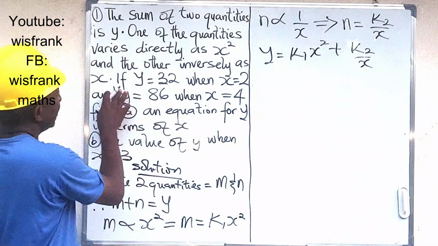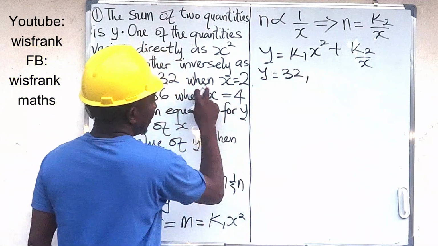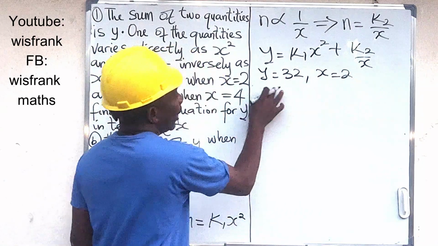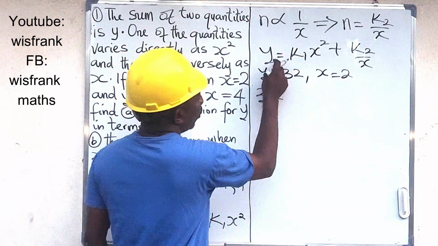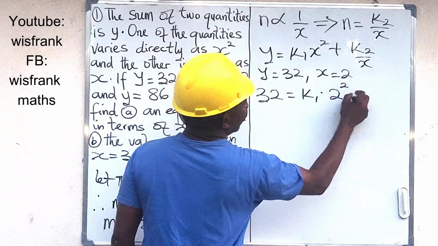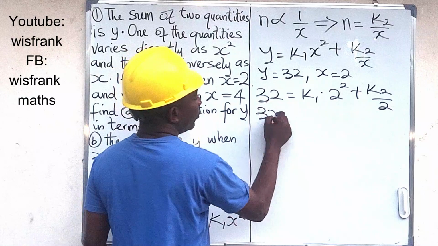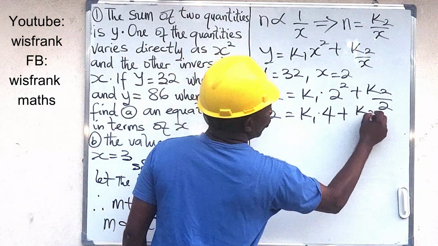Now, the statement says if y equals 32 and x equals 2, we substitute these parameters into this equation. So we have 32 equals k1 times 2 raised to the power of 2 plus k2 all over 2. In this case, we have 32 equals k1 times 4 plus k2 all over 2.